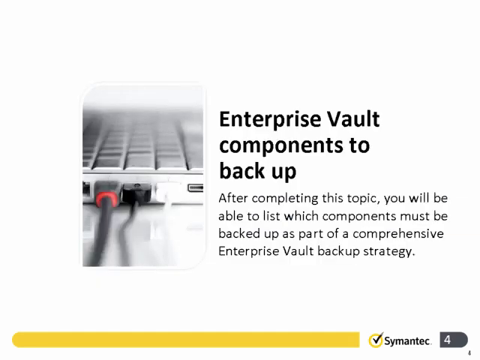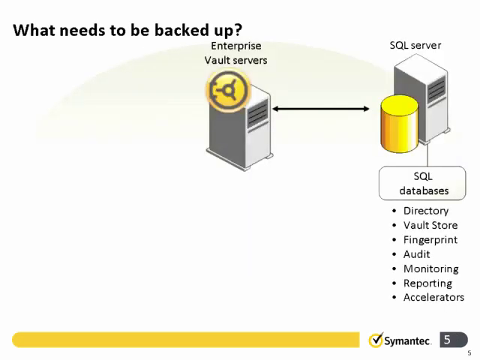So starting off, we're going to look at the components that need to be backed up. Basically, we're starting off first with the SQL databases. As we've gone through the course, you've seen that we've created numerous databases. There's the directory database, there's a vault store database, fingerprint database. Those are all created just to set up your Enterprise Vault. If you are going to have auditing turned on, we talked about that in our monitoring and reporting lesson.